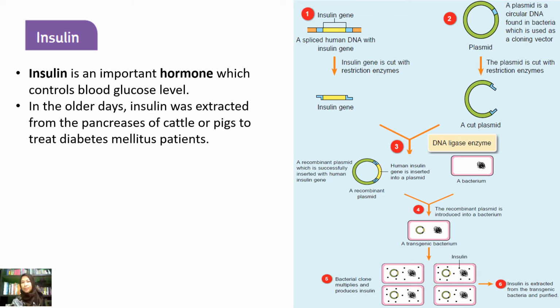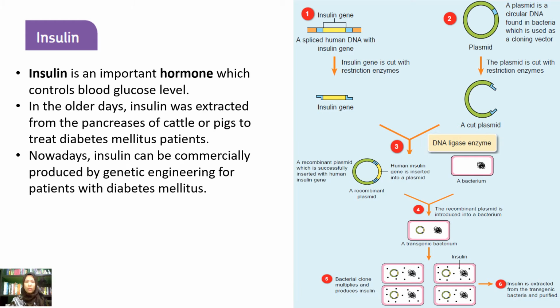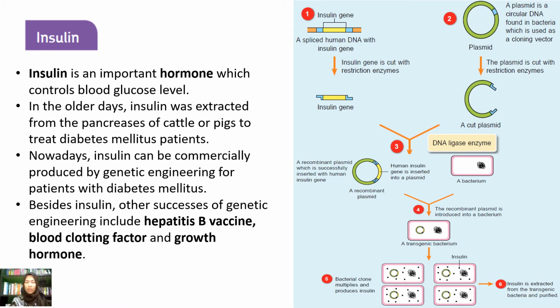Sebelum ni ada syubhah, kalau dalam Islam syubhah, ataupun ada keraguan sebab insulin tu diambil daripada khinzir. Okay, so now insulin actually can be commercially produced by genetic engineering for patient with diabetes mellitus. How? Okay, kita tengok nanti prosedur yang terlibat.